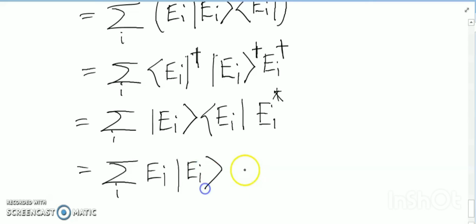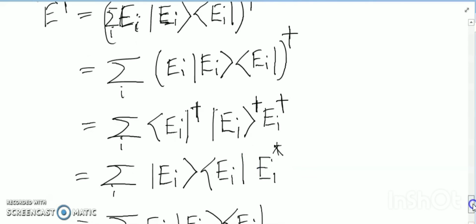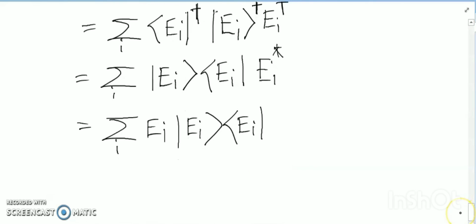Remember that the eigenvalues have to be real, since they represent the outcome values that we can measure. So this just gives us the same eigenvalue. We can move it back to the left, since it is a scalar, and check it out, we get the exact same operator back.